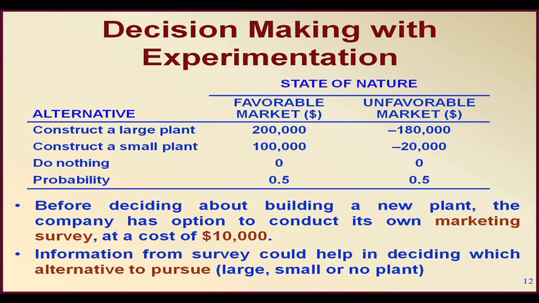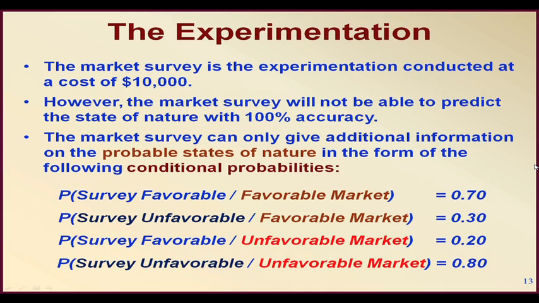That means, whenever we have decision making with experimentation, the experimentation itself cuts a little bit of payoff. We give up that payoff thinking that a better decision could be made, and the outcome of the survey would decide the kind of alternative to pursue in the future.